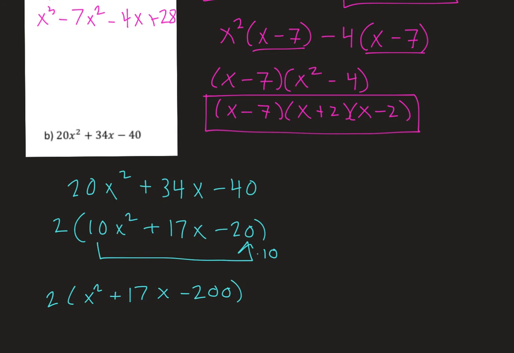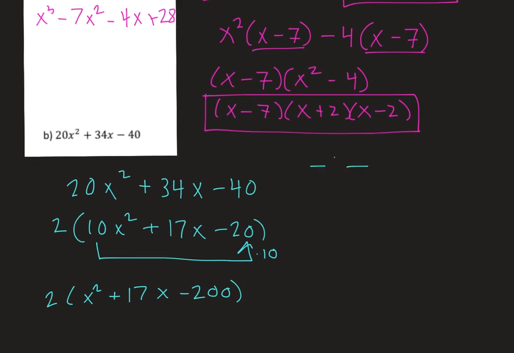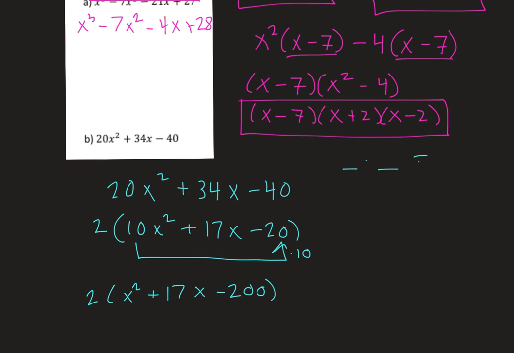Okay, we need to find two things that multiply to get negative 200 and add to get 17. If you want to pause this video and try to think of them yourself, you can. Let's see if we can get them. Luckily, they're opposite signs, so that kind of helps us a little bit.